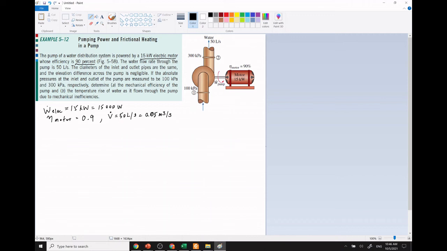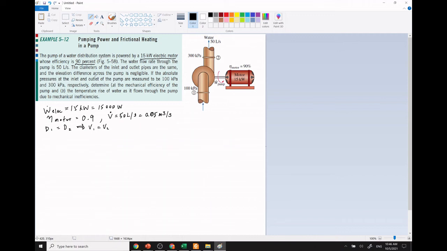Alright, and the diameter of the inlet and outlet pipe are the same. So the diameter here and the diameter here are the same. So D1 equals D2. The implication is that V1 will equal V2. Same diameter, same flow rate, same velocity.